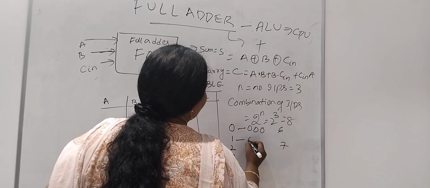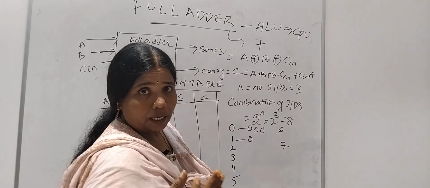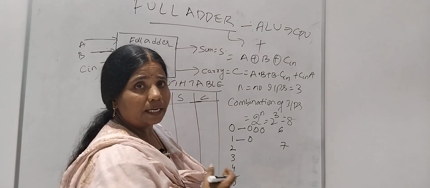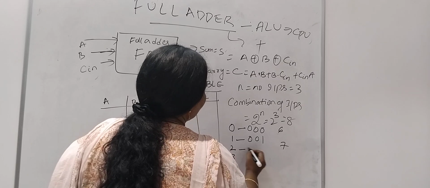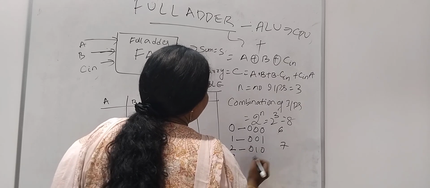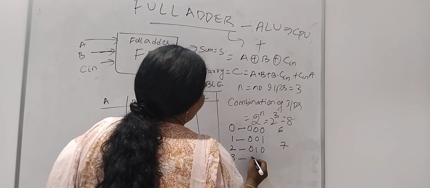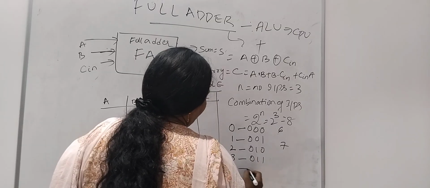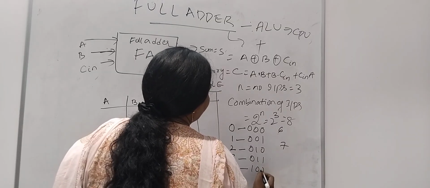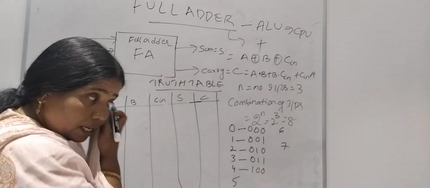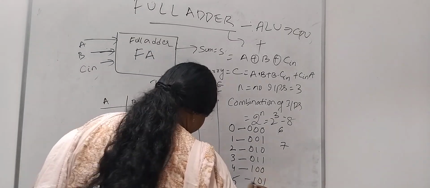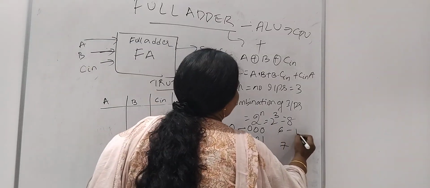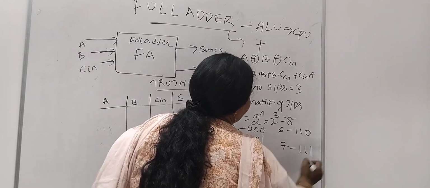And 1, as I showed you, 3 bits here we are writing: 0, 0, 1. 2 how can you write? 0, 1, 0. 3 how can you write? 0, 1, 1. 4 how can you write? 1, 0, 0. Similarly, you can write 5 as 1, 0, 1. 6 how can you write? 1, 1, 0. 7: 1, 1, 1.